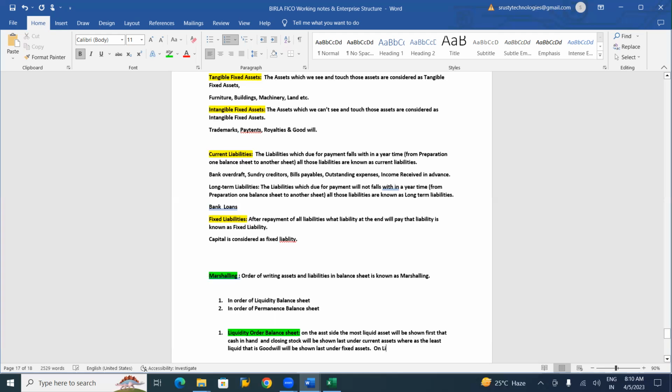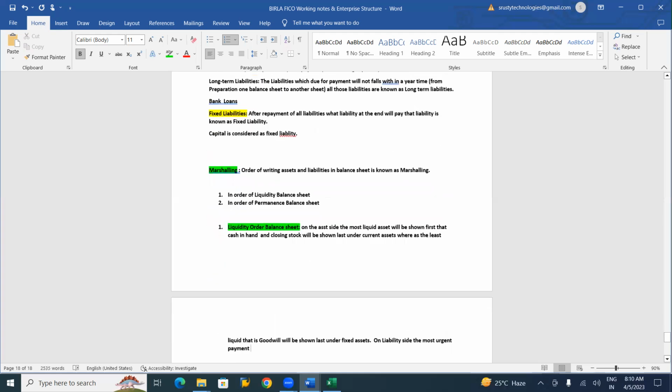On the liability side, the most urgent payment will be shown first. That is bank overdraft, if we have it.